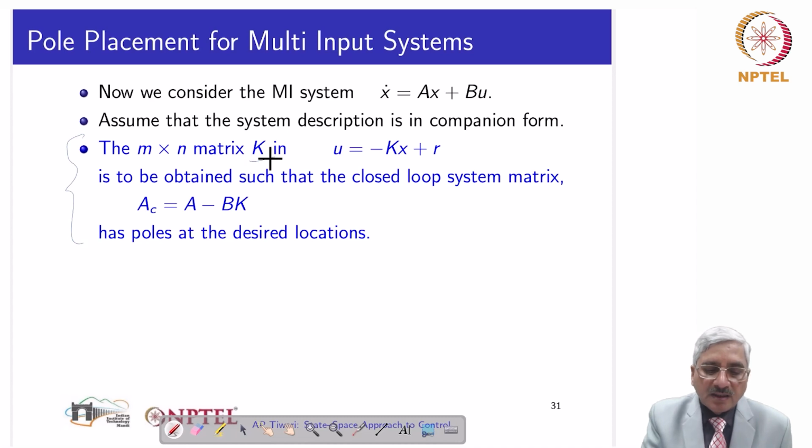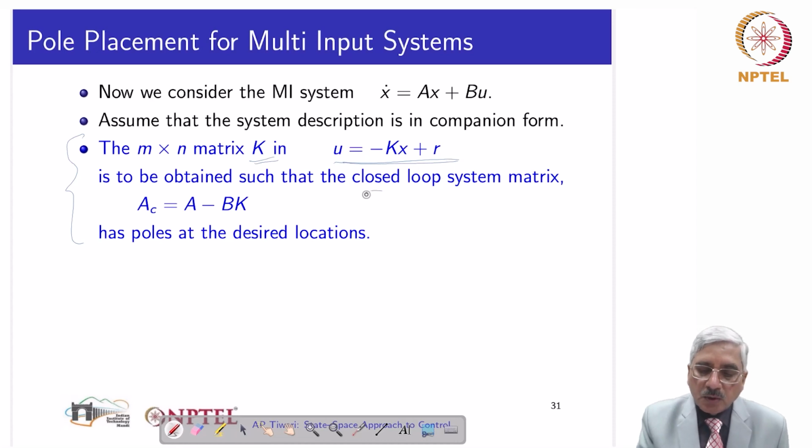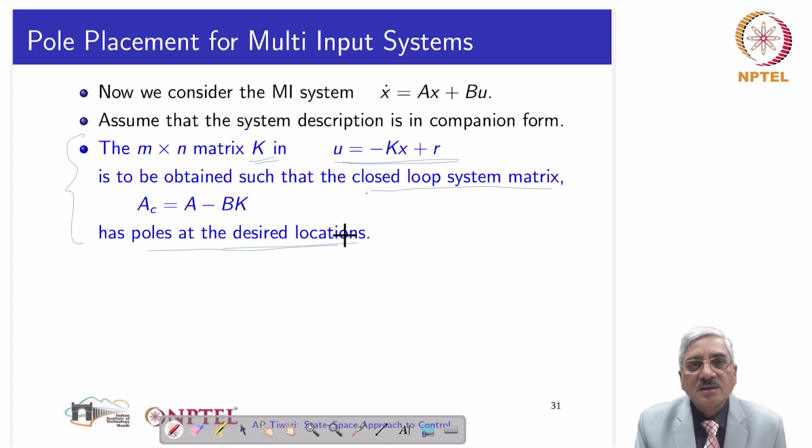We have to find a K in u equal to minus Kx plus r such that the closed loop system matrix has poles at the desired locations, or the characteristic polynomial of the closed loop system matrix AC will have the coefficients as desired. This is the problem statement. We have to find a K.